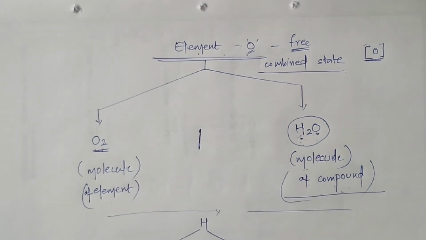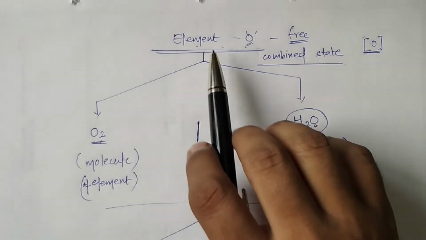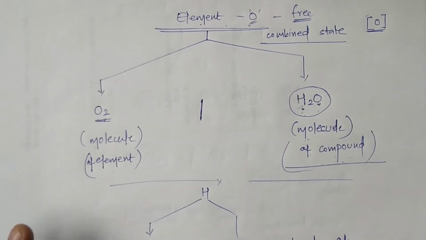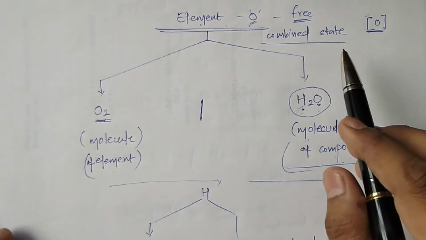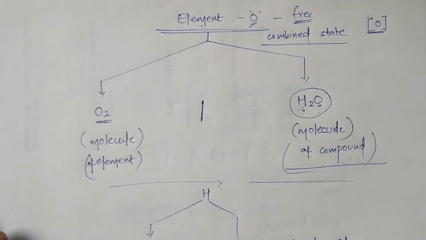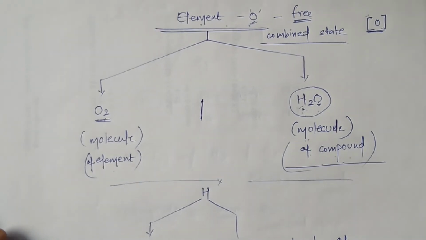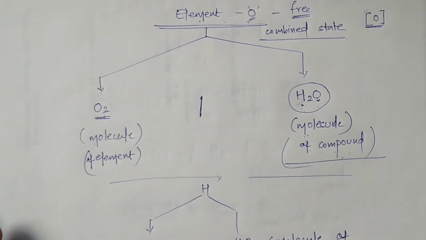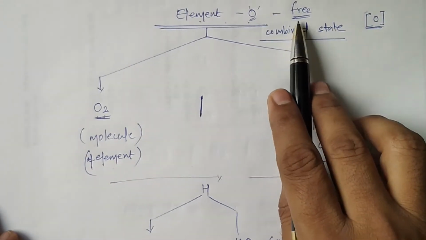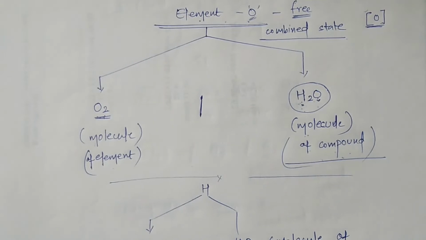Let's take the example of the element oxygen. Oxygen as such occurs in the free state, and the free state oxygen is represented like this, because oxygen cannot remain in the free state. It is always found in the combined state. But when I have a single atom of oxygen, that is considered the free state.